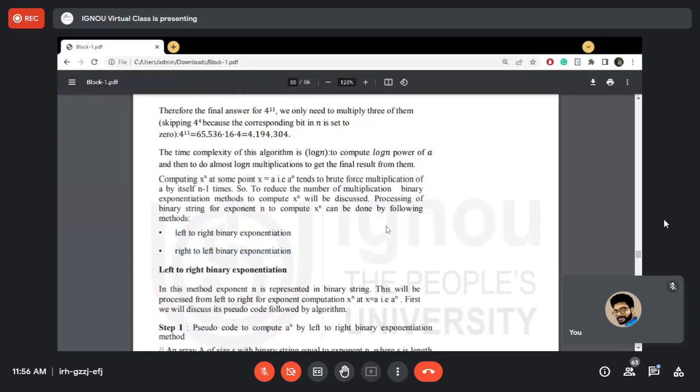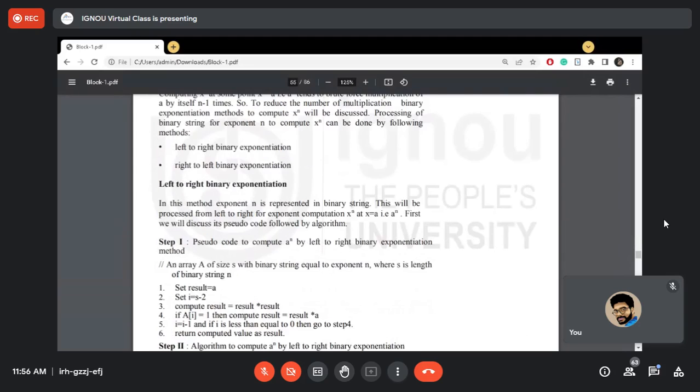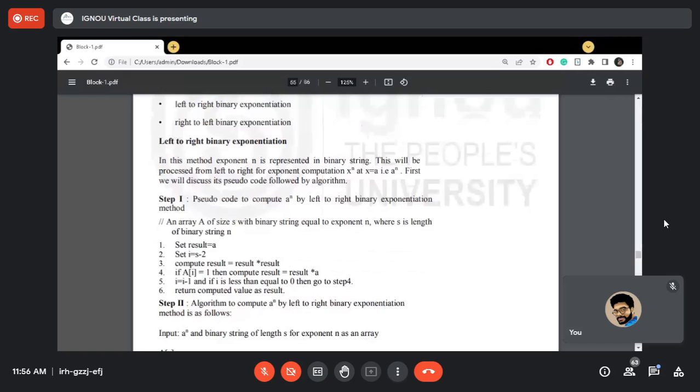Let's take one example and do one by one. First we are going to discuss left to right binary exponential. In this method, we have exponent n because we are calculating a to the power n. A is some value, right? And n is the exponent.